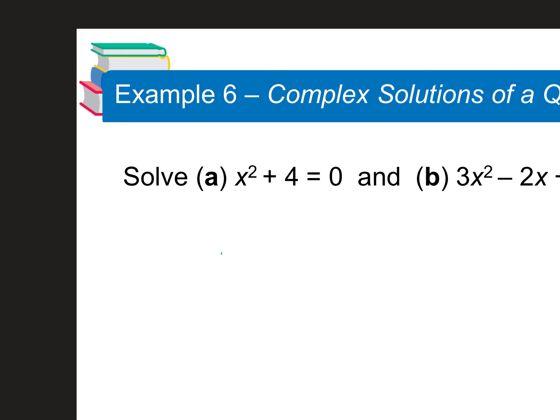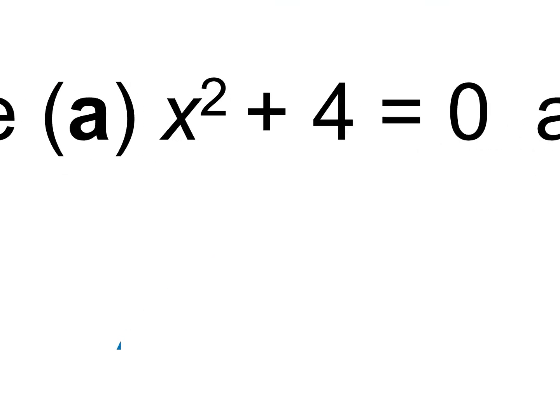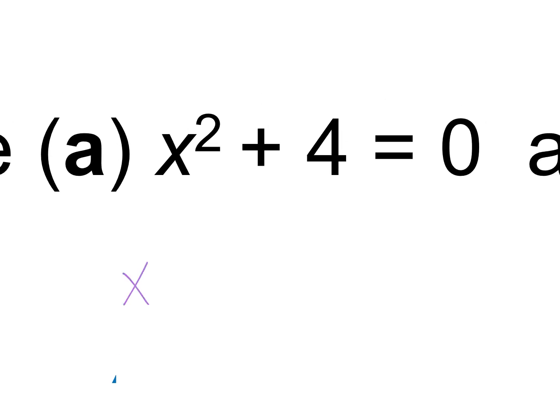But when you are solving a quadratic, right, they're not going to always tell you that it's complex solutions. You need to know that. If this said x squared minus 4, what would my answer be? Plus or minus 2. This says x squared plus 4. If you guys go to solve this, x squared plus 4, if there is no b term, you can just solve it like normal.